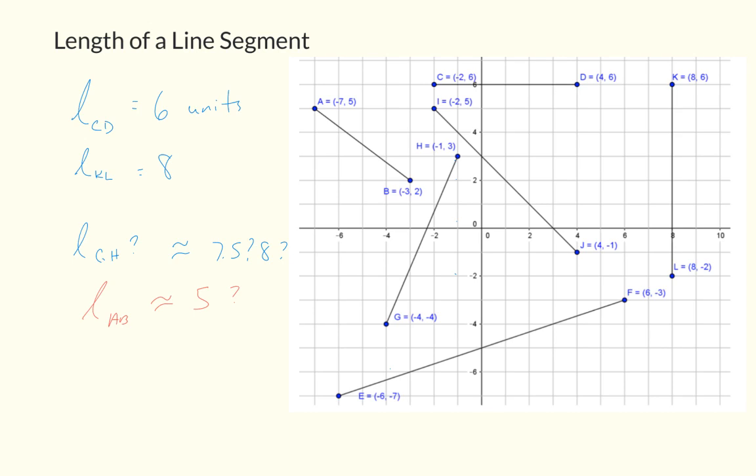You know how, using rise and run, to immediately change a line segment into a right angle triangle, and it's pretty obvious from this that this is 3 and this is 4. And thanks to the efforts of Pythagoras, you know how to calculate the length of the hypotenuse, the longest side of a right angle triangle.